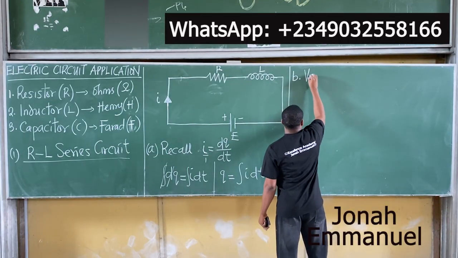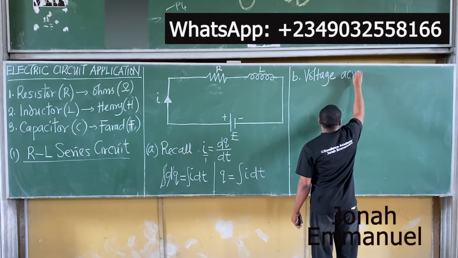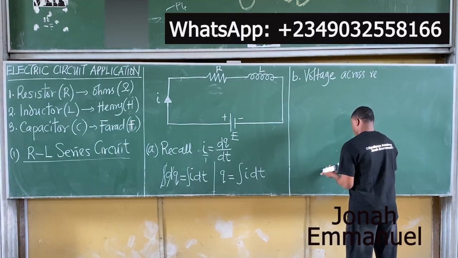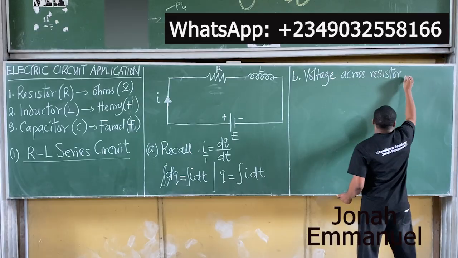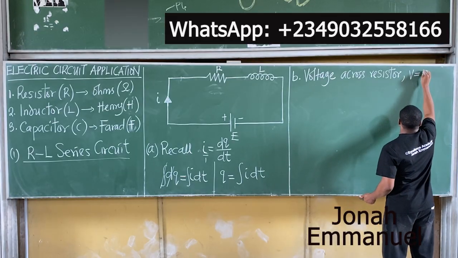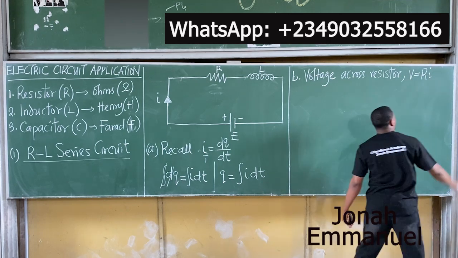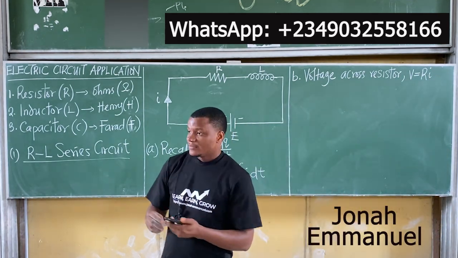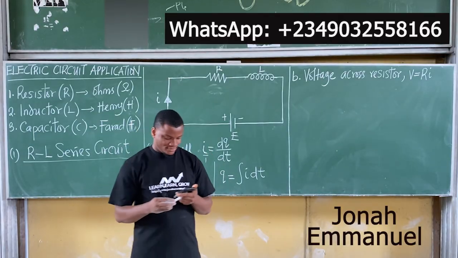From Ohm's law, voltage across resistor V is equal to IR, or RI, same thing. That's resistance times current.